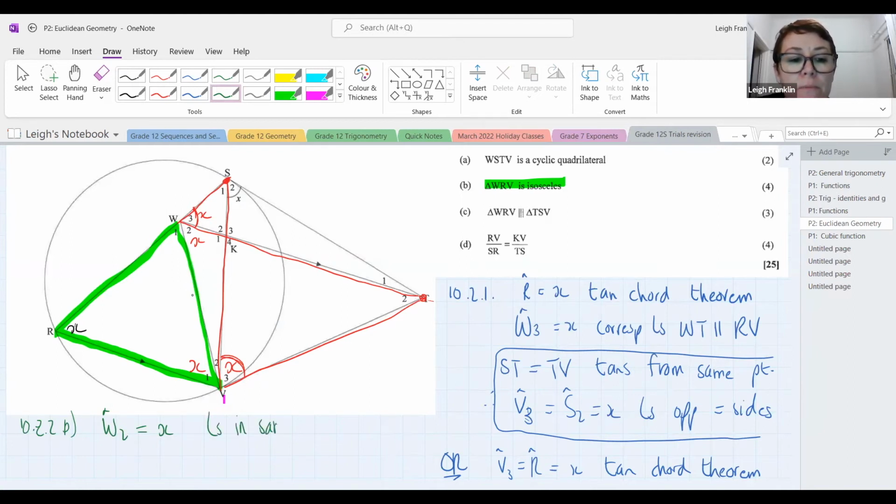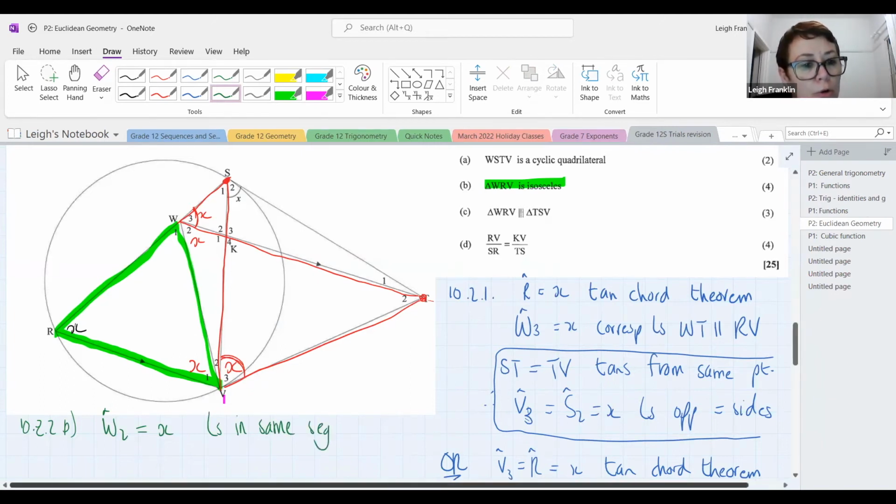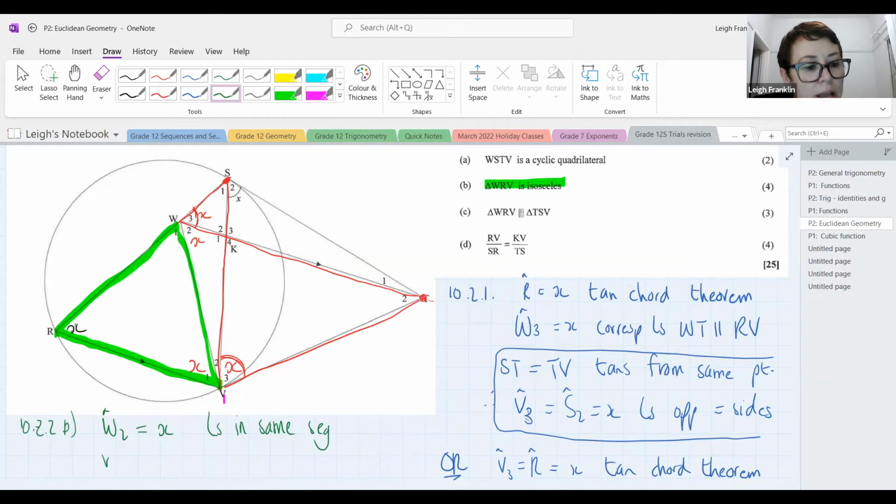Thank you, ma'am. No problem. And then we're going to conclude that V1 is equal to X, as Tisha said, because they are alternate angles. And again, remember, you've got to name the parallel lines, okay? They're not going to be forgiving of you for forgetting the parallel lines because alternate and corresponding angles are from grade 8, okay, parallel to RV.